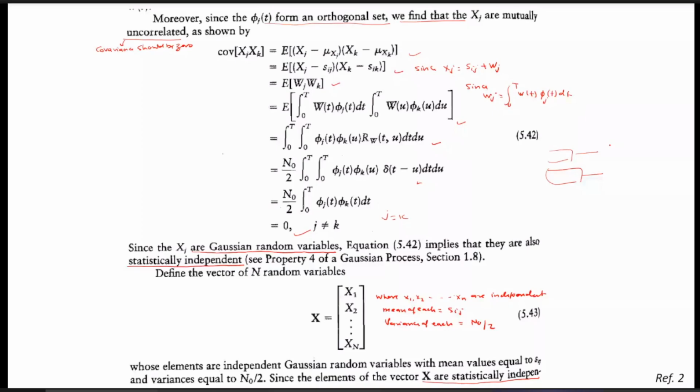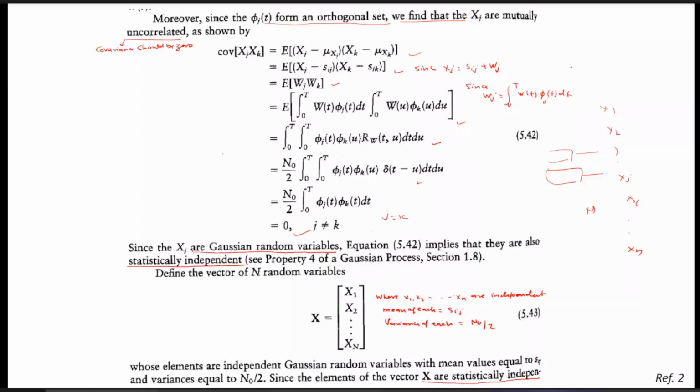Since there are n correlators whose outputs are, say, x1, x2, xj, xk, and finally xn, we can define a random vector for all these n random variables, because the output of each correlator is a random variable.